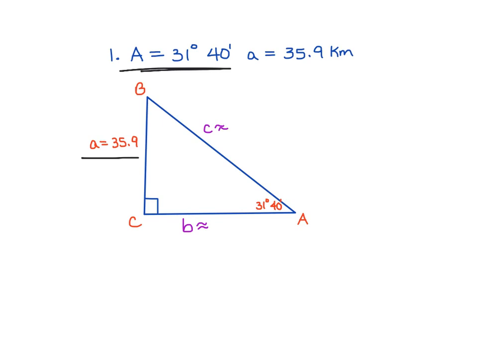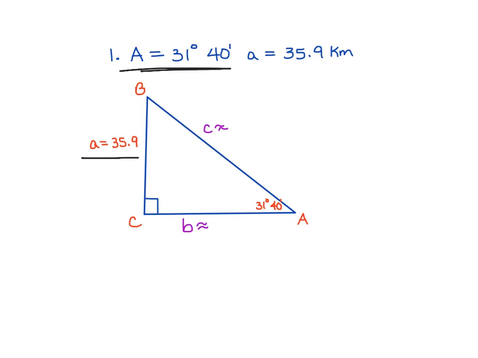And in order to do this, I'm going to be using some trig functions. However, the first thing I'm going to calculate is the measurement of angle B, because that's going to be the easiest thing I have to do in this triangle. Now, remember that the three angles of a triangle add up to be 180 degrees.